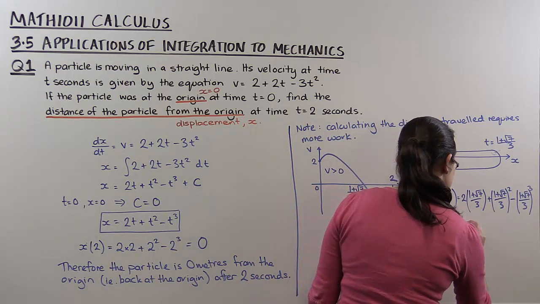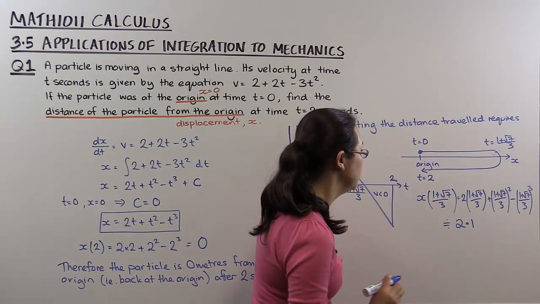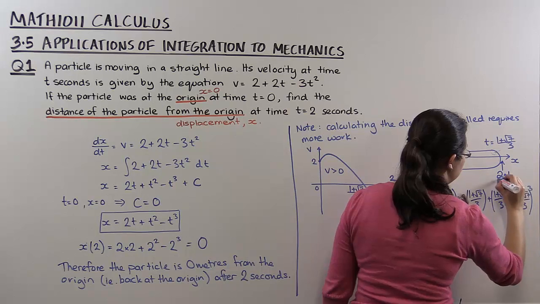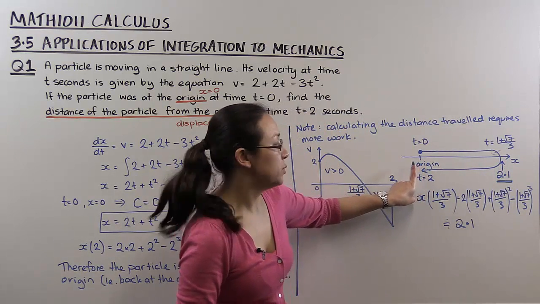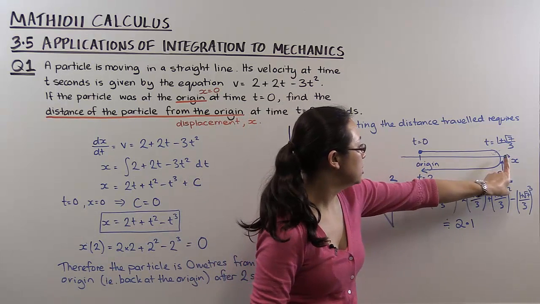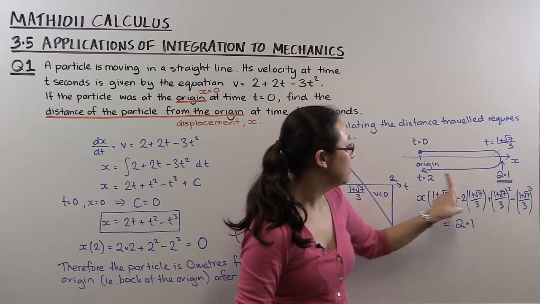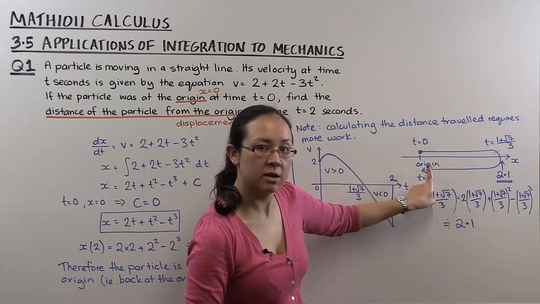Now that's approximately 2.1 meters, let's say. So this is 2.1 here. It starts at the origin, which is 0, which means the distance it travelled was just 2.1 minus 0. So that's 2.1 here. Given it was back at the origin, it travelled 2.1 back as well.